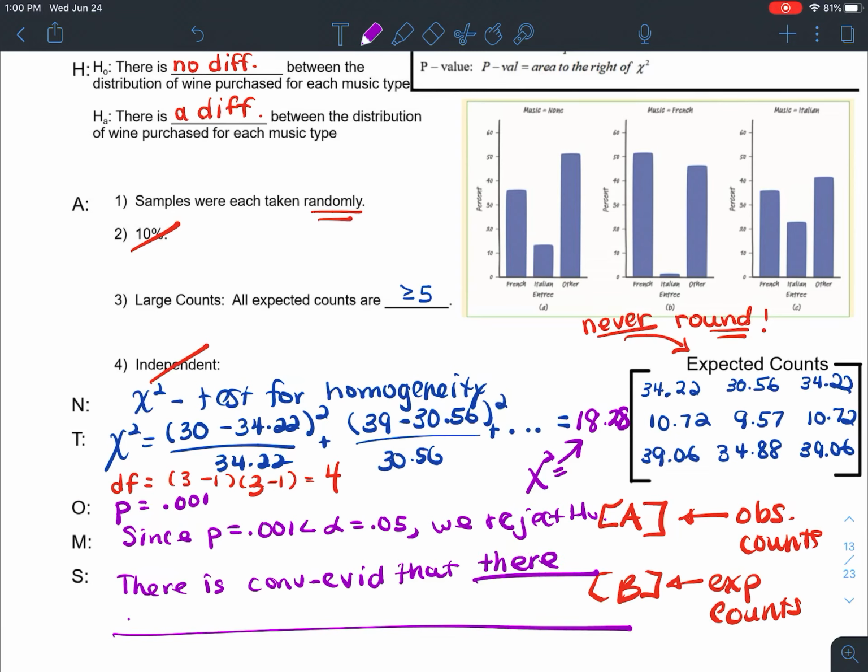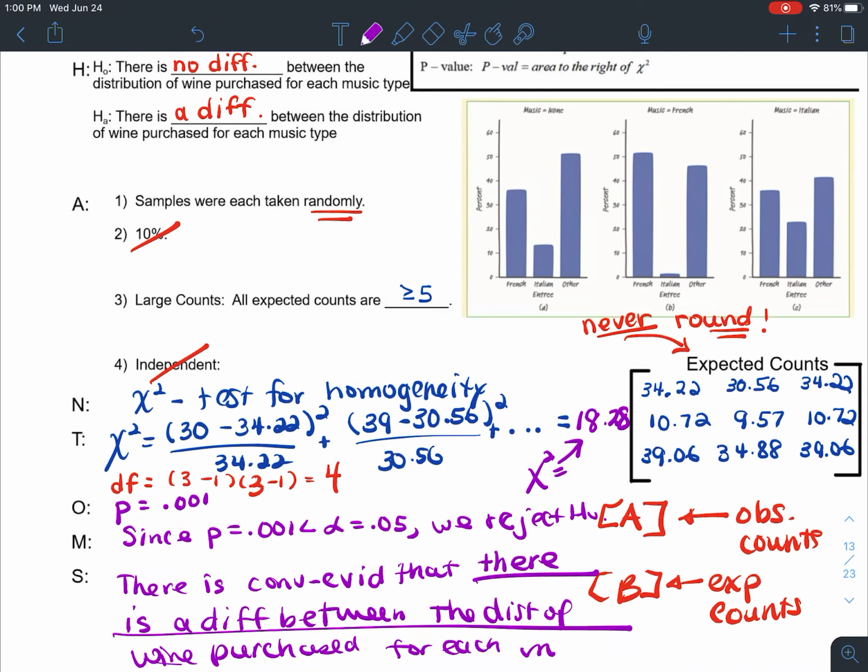Convincing evidence that, and go back up, just look at the alternative hypothesis and write it down word for word, that there is a difference between the distribution of wine purchased for each music type.